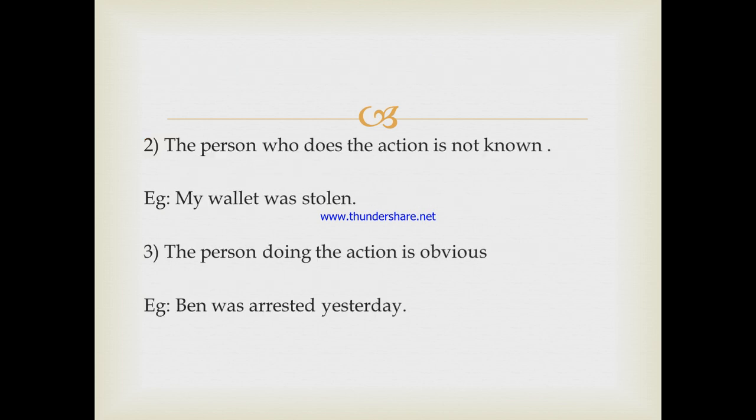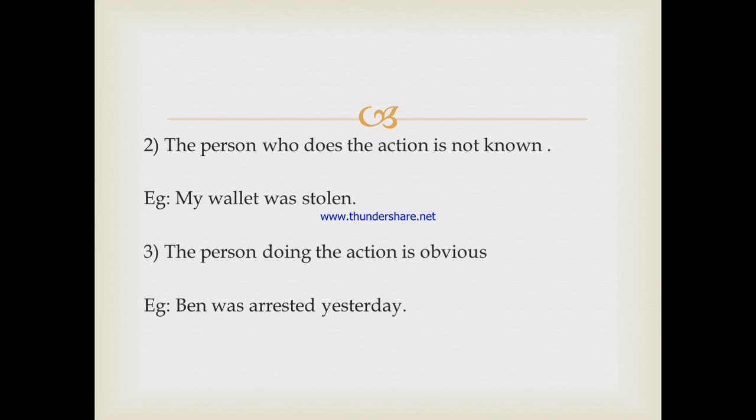Next, there are some situations that we do not know the person who did the action. Yes, when we do not know the doer of an action, we have to write the sentence in passive voice. Now let's see the example here. My wallet was stolen.